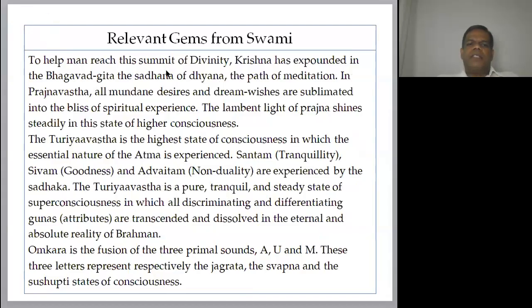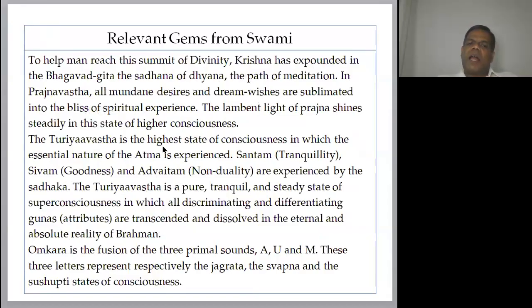To help man reach the summit of divinity, Krishna has expounded in the Bhagavad Gita the sadhana of dhyana, the path of meditation. In Prajnavastha, all mundane desires and dream wishes are sublimated into the bliss of spiritual experience. The lambent light of Prajna shines steadily in the state of higher consciousness.